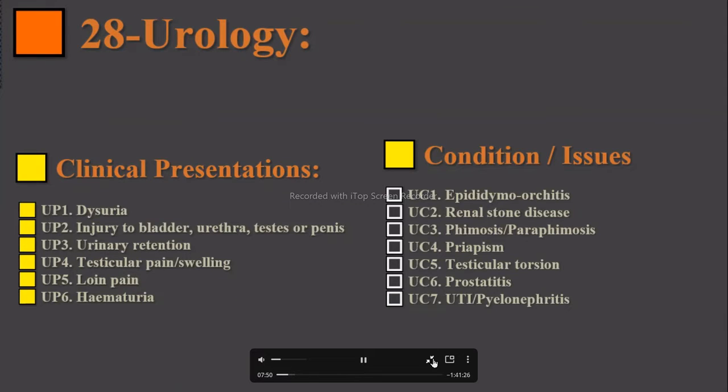But torsion is a surgical case, not trauma, right? Testicular torsion is a surgical case, not trauma. But here we are talking about trauma, injury to bladder, urethra, testis, penis. Any injury, any trauma to any patient, to any site, what is your action?